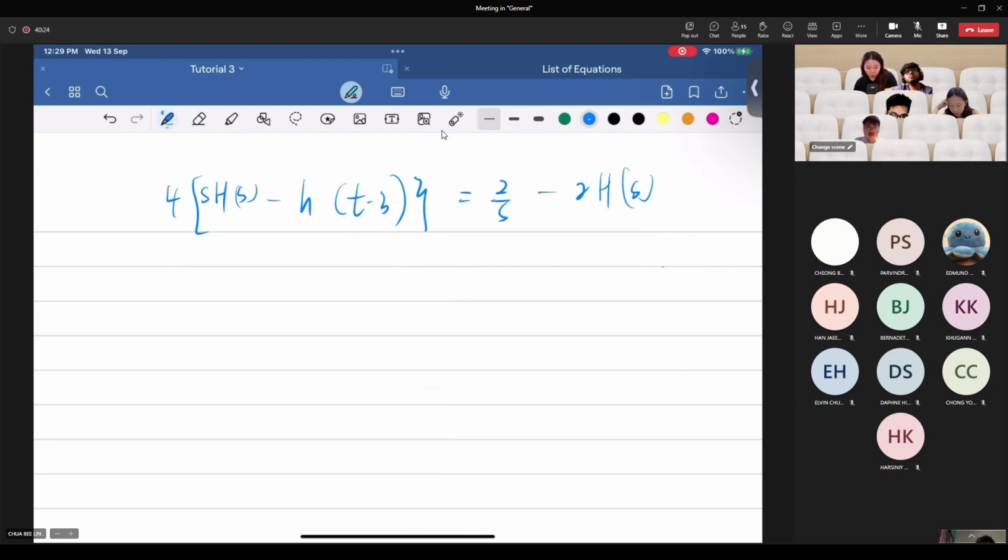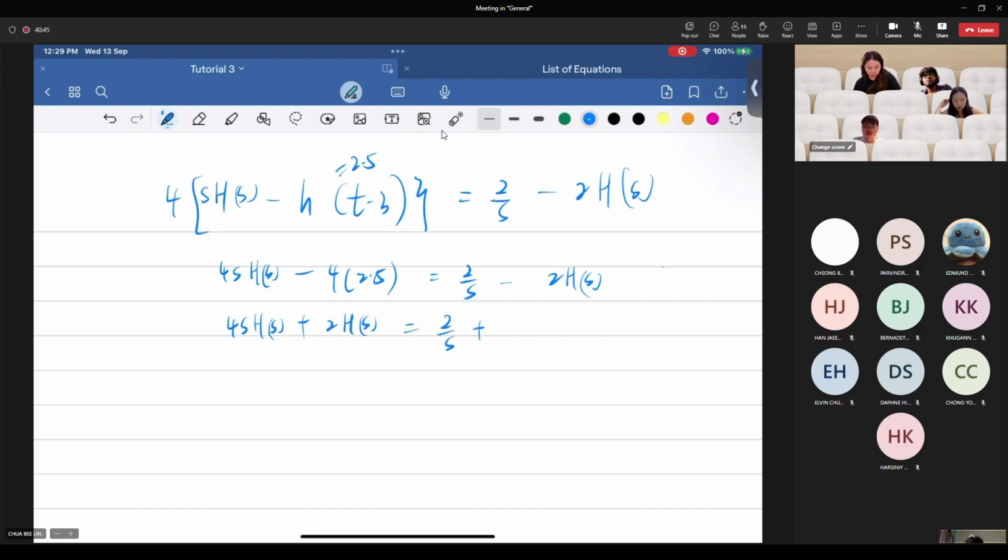Next we'll be having 4s hs minus 4, this is 2.5, equals to 2 over the s minus 2hs. Then 4s hs plus 2hs equivalent to 2 over the s plus 10.